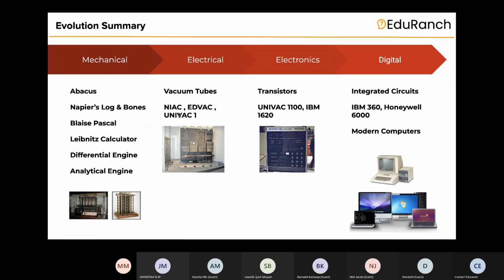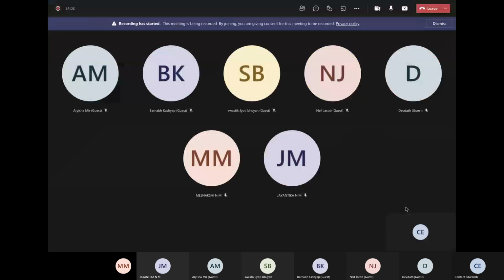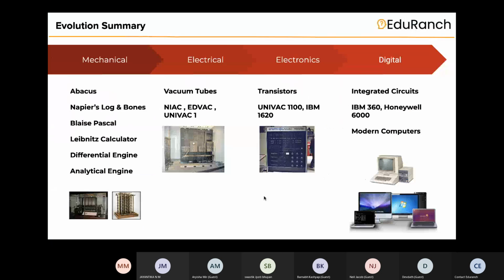Then we evolved into electrical machines, which were using vacuum tubes. And then we evolved to electronics-based computers, which used transistors. And we eventually came into the digital world starting from 1975, the 1980s, that period where we had the computers. And today we are in the digital world of smart or fifth generation.